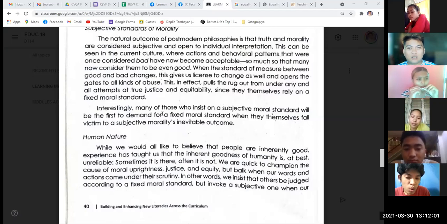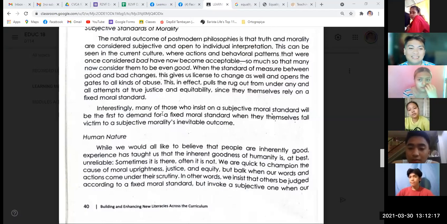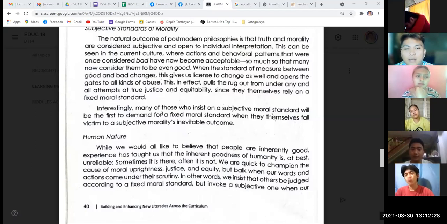And there are instances also that when we commit mistakes, we will always find lame excuses to justify our mistakes. Do you agree? Di ba? May mga tao na pag nakagawa ng kasalanan sa atin, ang dami nating nasasabi. Pero pag tayo nakagawa ng kasalanan, ang dami nating excuses para i-justify yung ginawa natin.